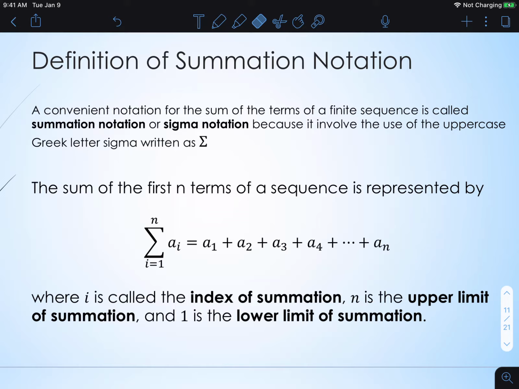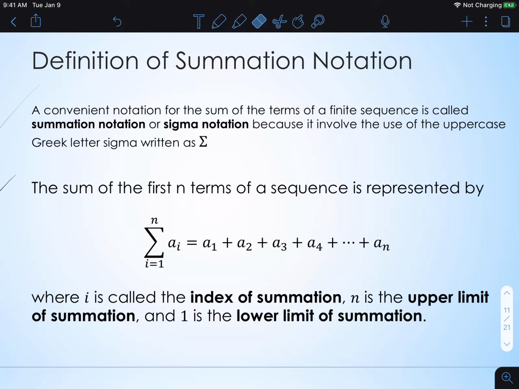The sum of the first n terms of a sequence can be represented this way, where i is called the index of summation, n is the upper limit of the summation. It identifies the last term that you've added, and the 1 identifies the first term that you add, the lower limit of the summation.